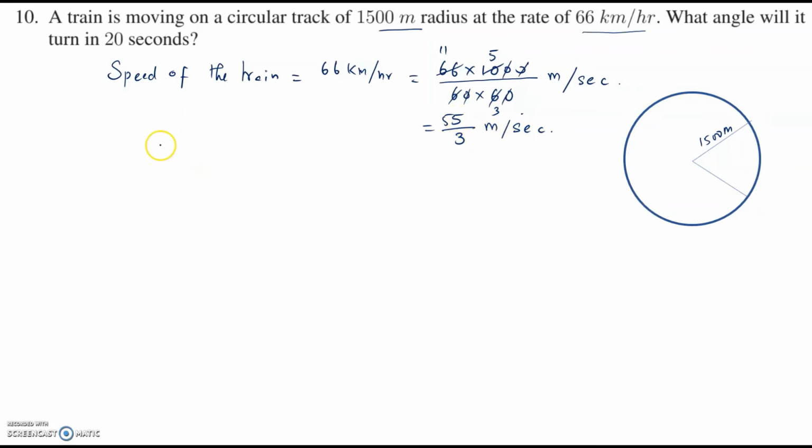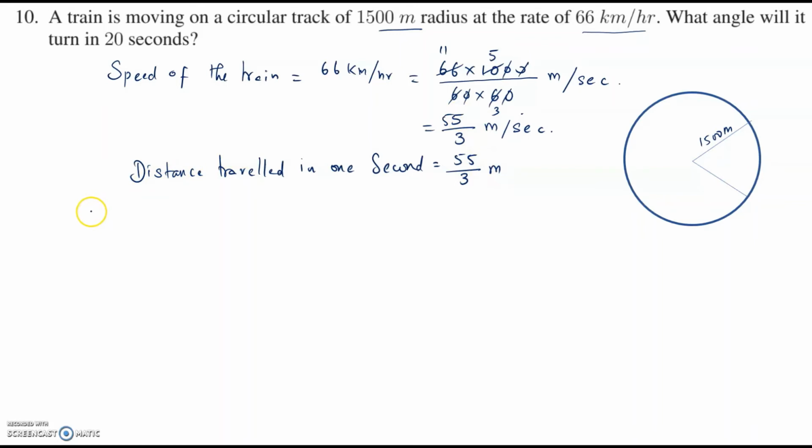So we can say distance traveled in 1 second is equal to 55 divided by 3 meters.